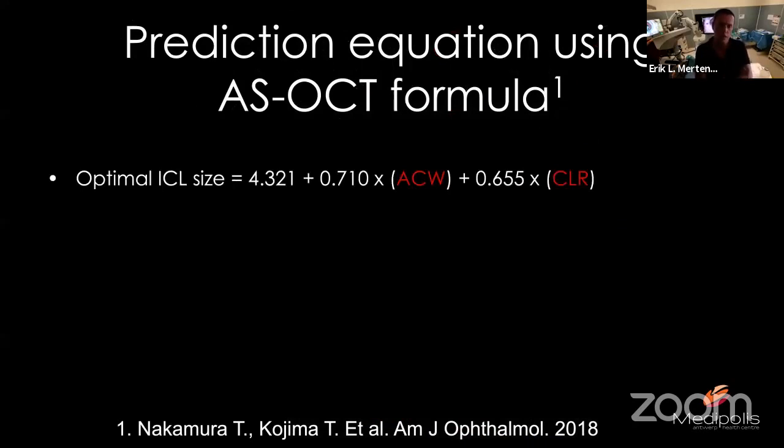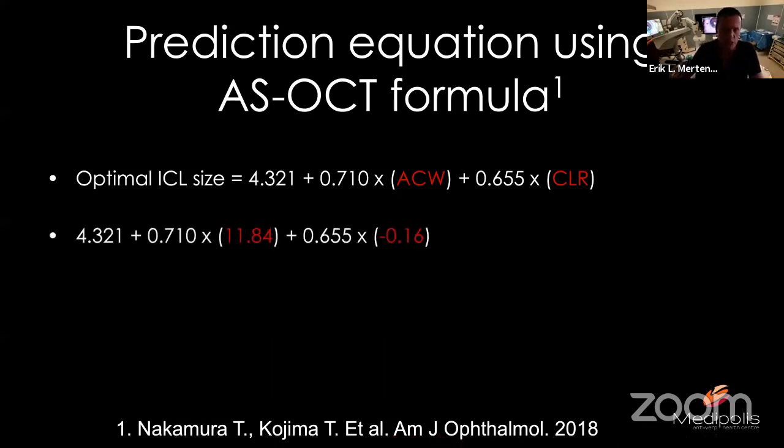It's the formula published by Nakamura in the American Journal of Ophthalmology in 2018. And this is the formula. I will not dictate it because it's in front of you. And when we put in the numbers, 11.84 and minus 0.16, and we calculate it, we get a final number of 12.62. So in this case, I implanted a 12.6 millimeter ICL diameter.